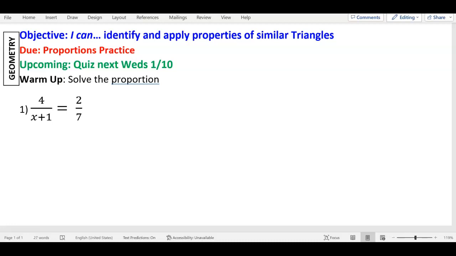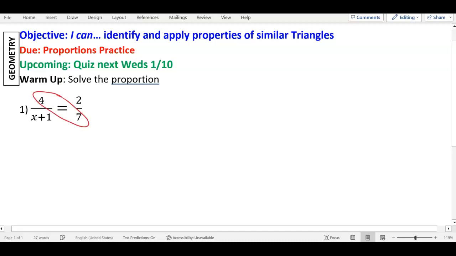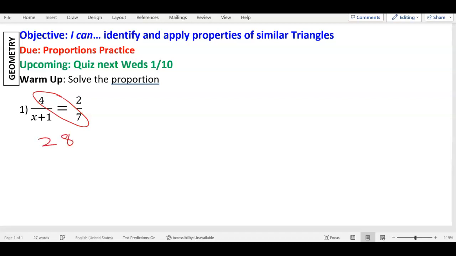So, let's do cross multiply. 4 times 7 is what? 28. And then we cross multiply here, 2 times x plus 1. Now, don't forget the equal sign. X plus 1, you want to put in parentheses, okay? And then we want to distribute, right?